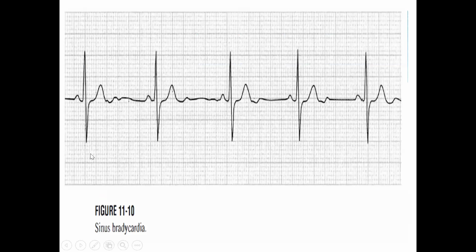This is again the 6-second strip, up to here these are the 30 boxes. If we count the number of R waves in these 30 large boxes, that is R wave 1, 2, 3, 4, and 5. There are 5 R waves. You multiply this 5 by 10, which equals 50 beats per minute, which is less than 60. So that's why this is sinus bradycardia.